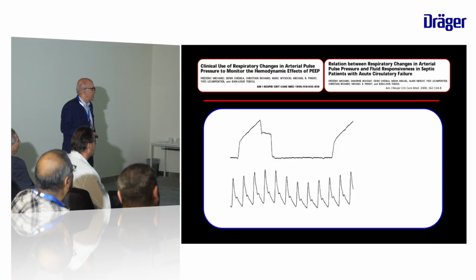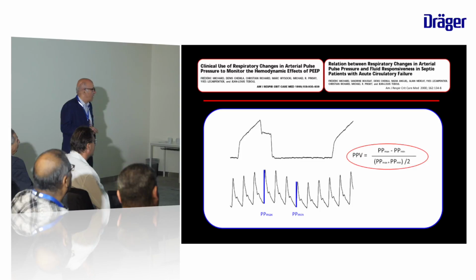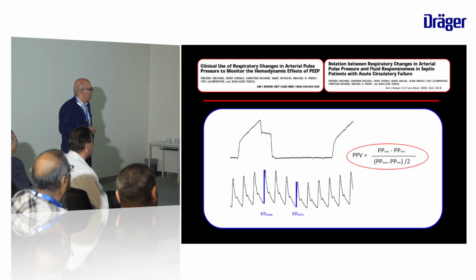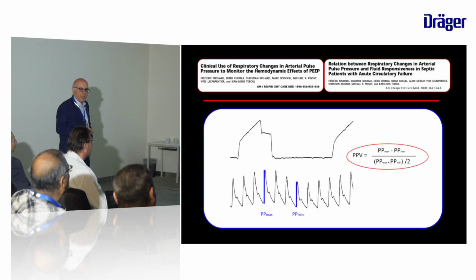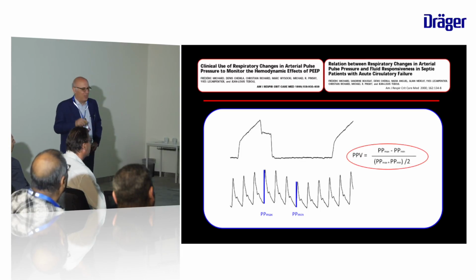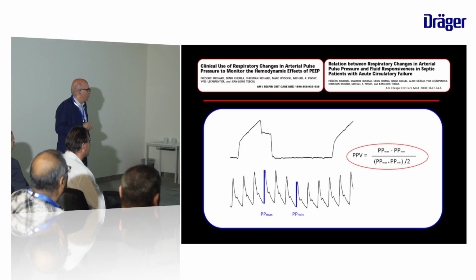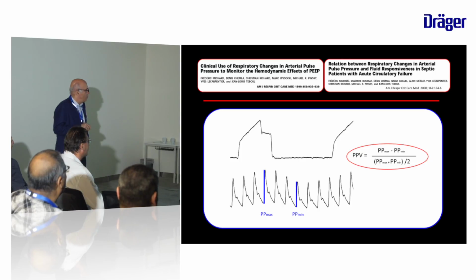And this is an example of the so famous PPV. This is the arterial pressure, this is the pulse pressure, as we discussed before, which is very much related to the stroke volume. And you get the maximum pressure here and the minimum pressure here. The maximum is during inspiration.